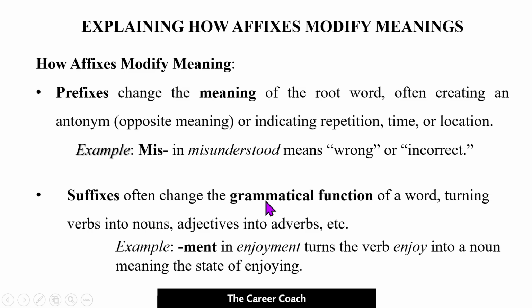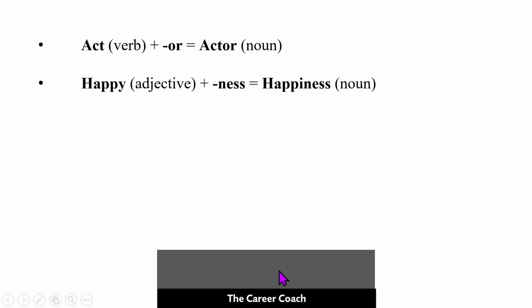Suffixes, on the other hand, often change the grammatical function of a word, turning verbs into nouns, adjectives into adverbs. For example, ment in enjoyment turns the verb enjoy into a noun, meaning the state of enjoying. Other examples are act. Act is a verb. Adding a suffix or changes it to a noun, actor. Also, happy is an adjective. Adding ness changes it to happiness, which is a noun.